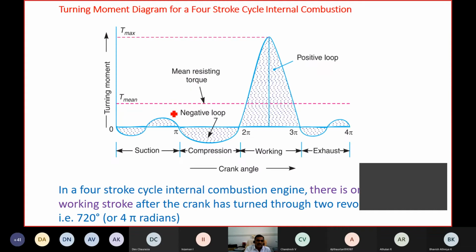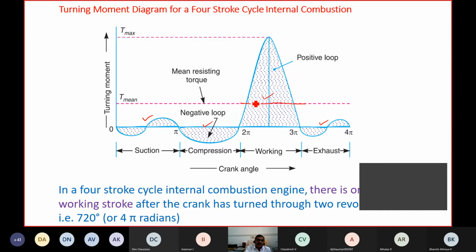Now this is the turning moment diagram for the 4-stroke engine. Suction stroke, compression stroke, power stroke, and here the exhaust stroke. You see, the power is produced only in the power stroke, the working stroke. In all other strokes, power is not produced. In this stroke, this is the mean torque. This is the amount of torque required.